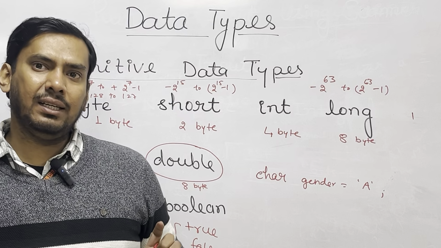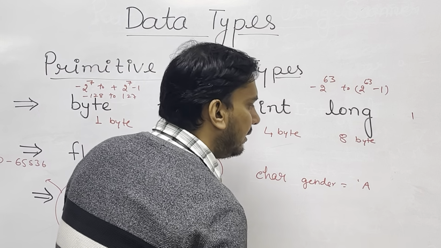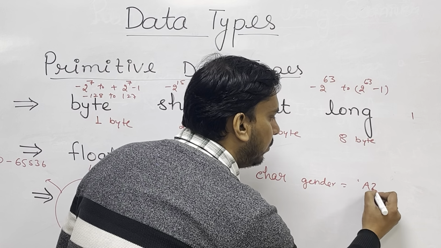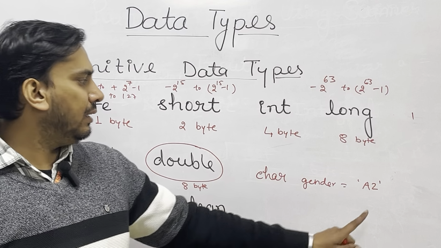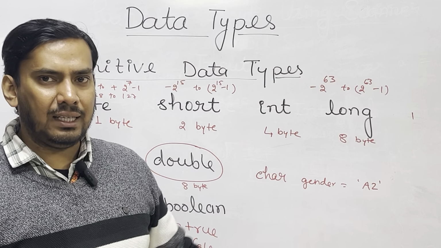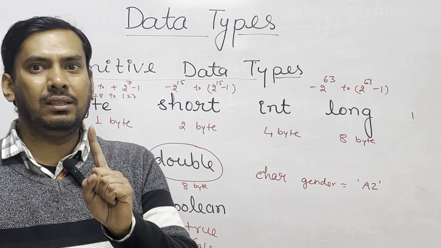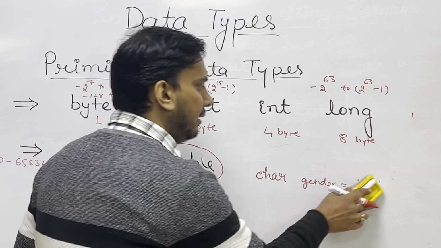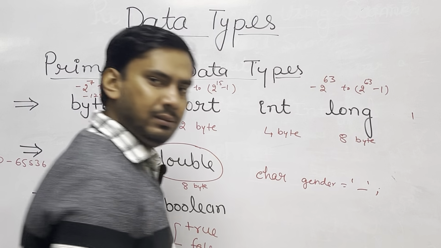It is a valid char literal. Can I write something like 'A2'? This is wrong, an invalid char literal. A char literal says that inside the single quotes you can have one alphanumeric character. This is a valid char with a space here.